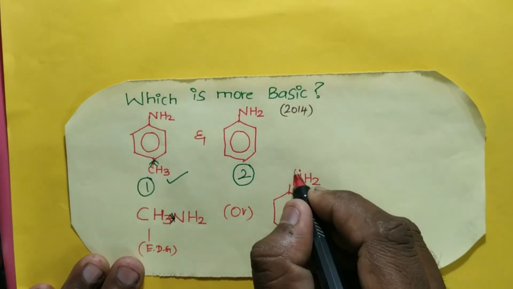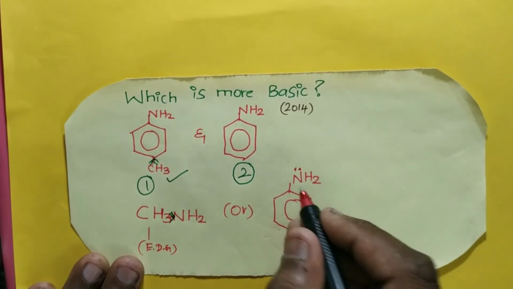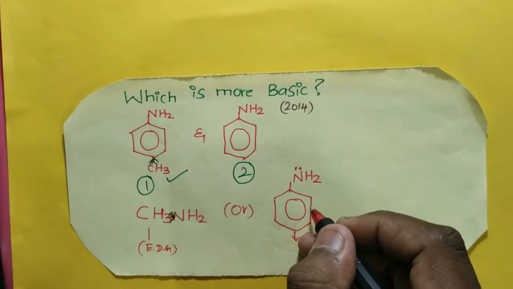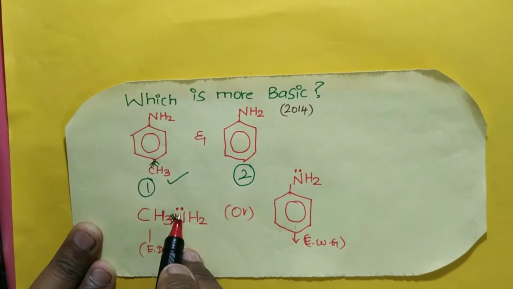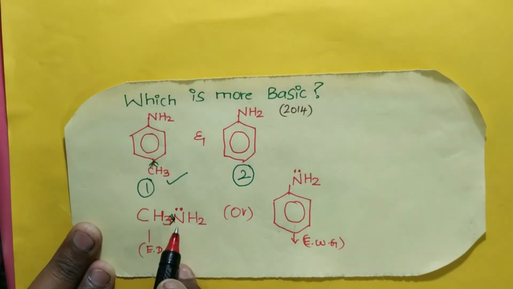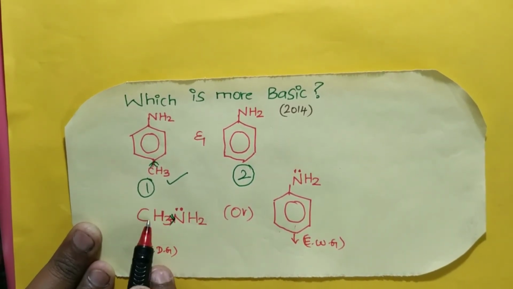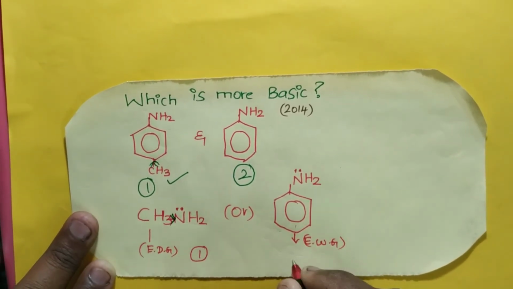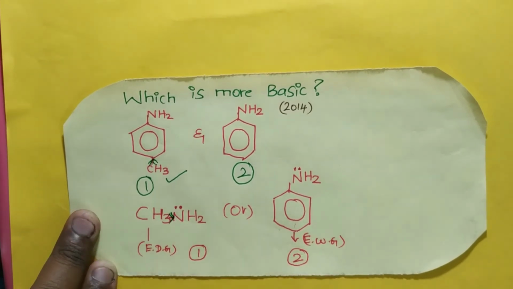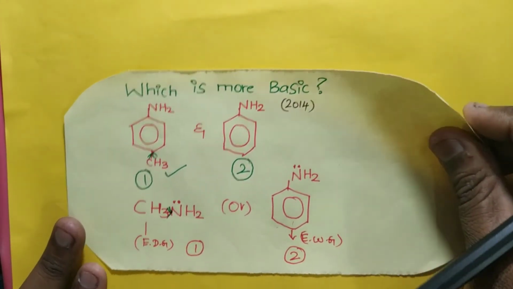The maintenance of the electron cloud on that nitrogen will become less, that is why it is less basic. Here the electrons on the nitrogen will be maintained by this methyl donating group. That is why it has a high basic strength and this has less basic strength. Are you able to understand, students? It's very, very important.